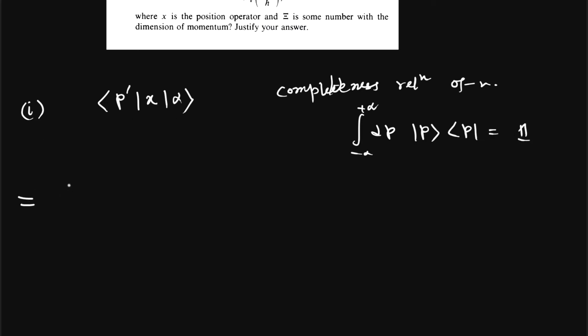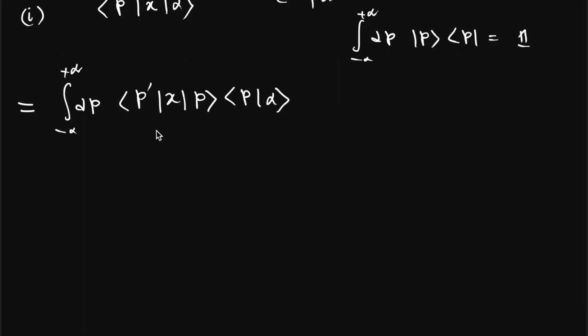So let us use it here: minus infinity to plus infinity dp <p prime|x|p><p|alpha>. Now let us calculate the value of <p prime|x|p>. To see what it is, let us use the completeness relation of the position eigenkets.